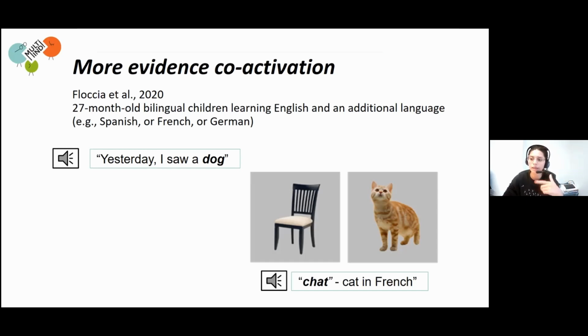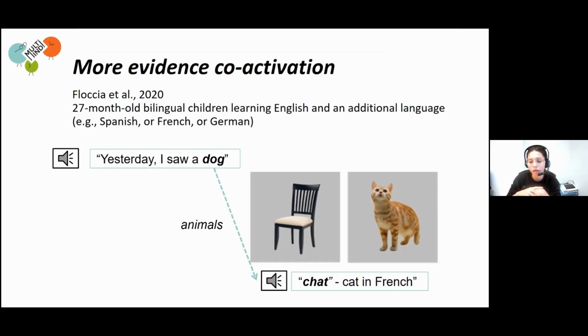The idea here is that, again, target recognition would be modulated by the semantic relationship between dog and cat, because both are animals, regardless that the words were not presented in the same language.